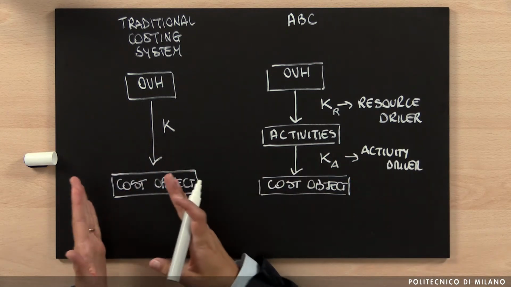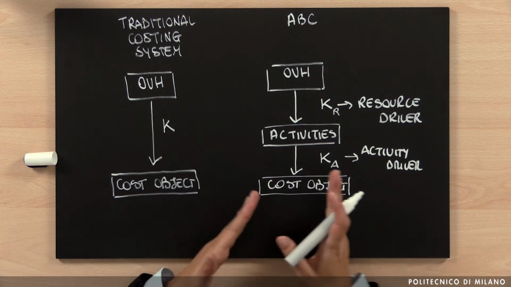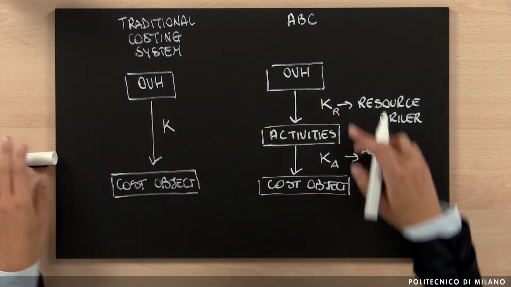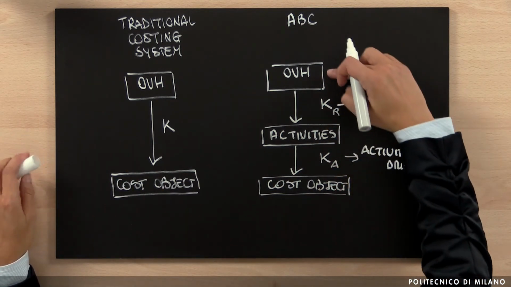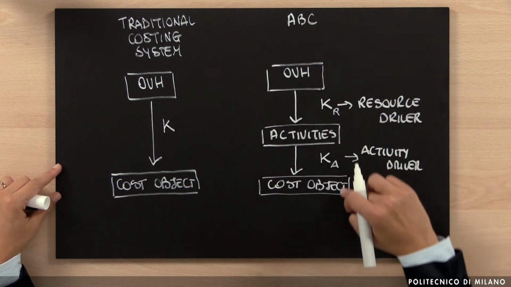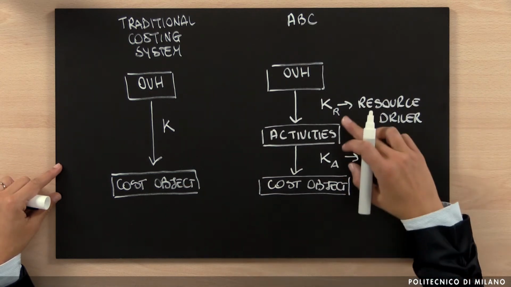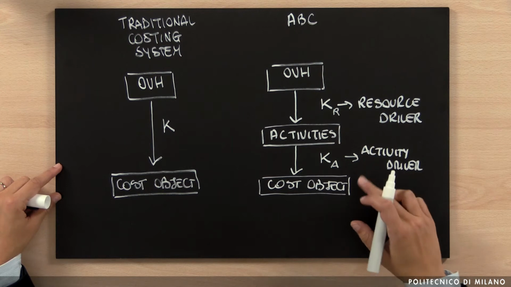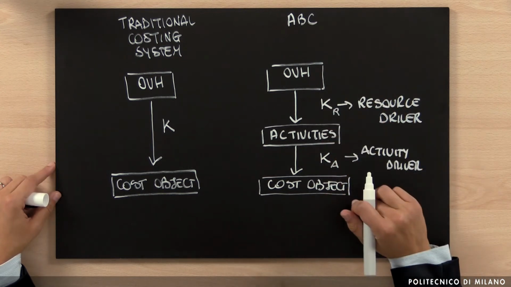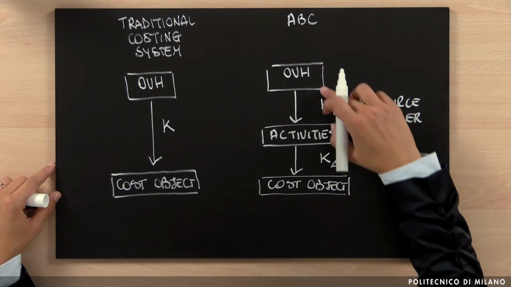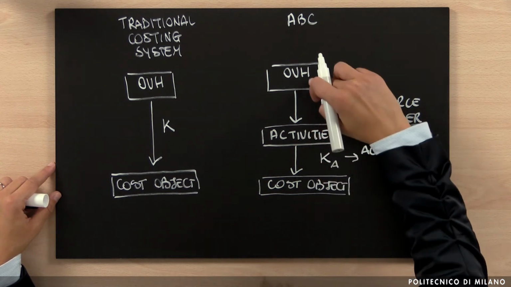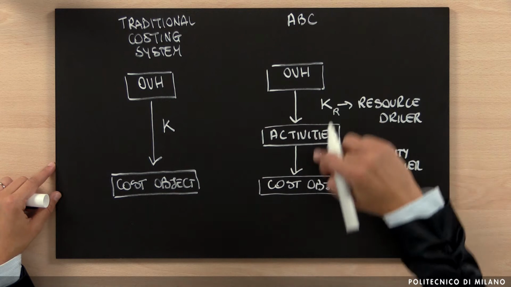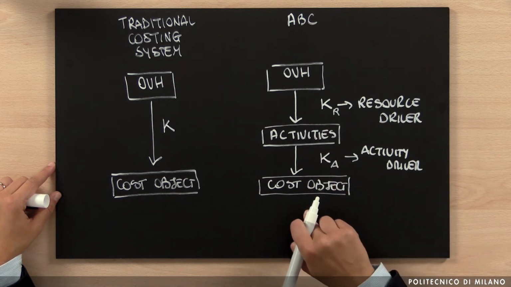What's the main difference between a traditional costing system and an ABC approach? If we use an ABC approach, of course, we are increasing the complexity of our system because we need more information, we need more time, and it is more expensive applying this approach. But we are increasing the precision because we are identifying the activities that absorb the resources, and then we identify the final activity driver.